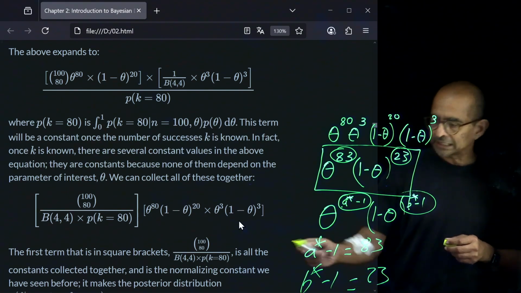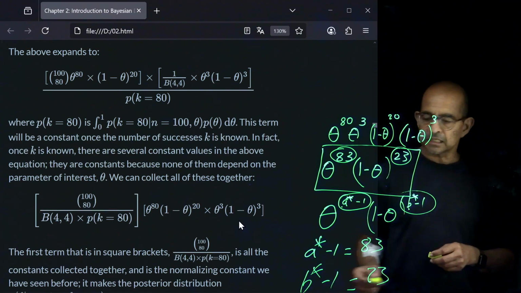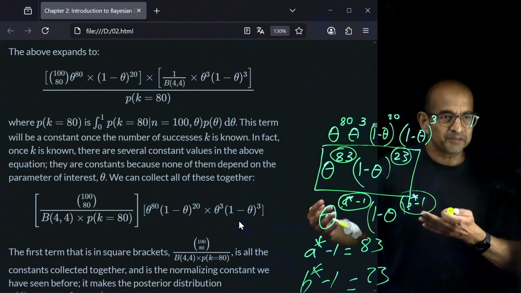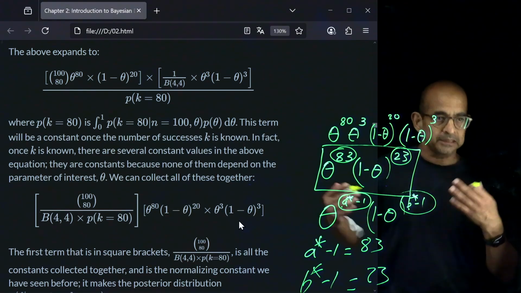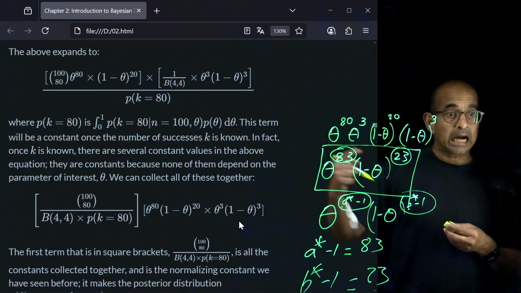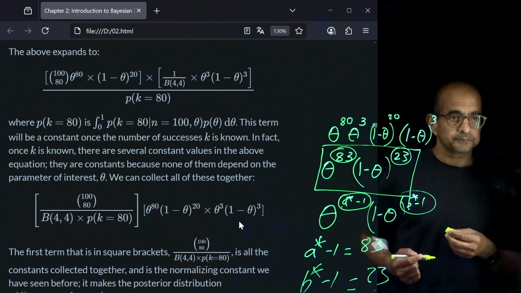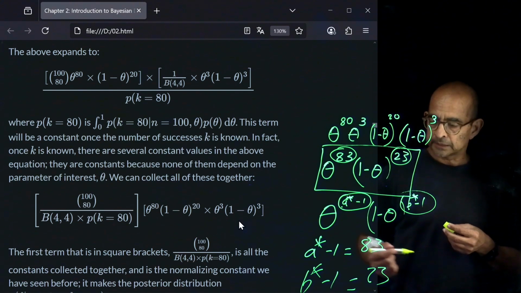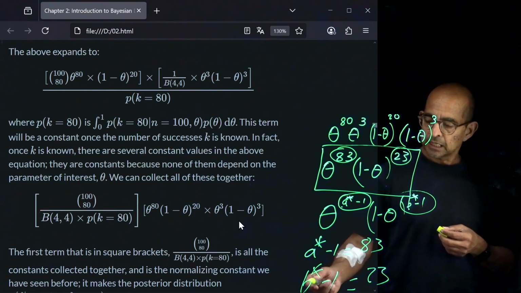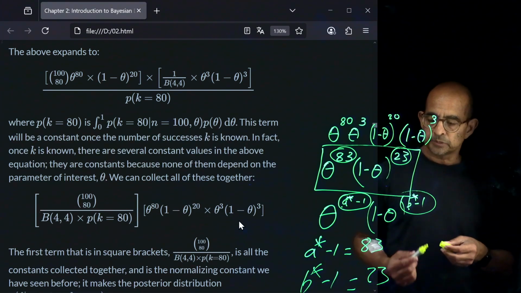That means A star and B star are the new parameters, the updated hyperparameters we call them, of the beta distribution after I've seen the data. So what is A star going to be? It's going to be 84, and B star is going to be 24.